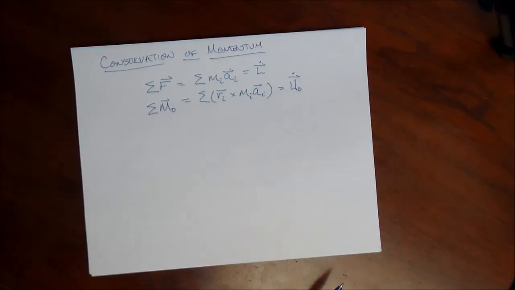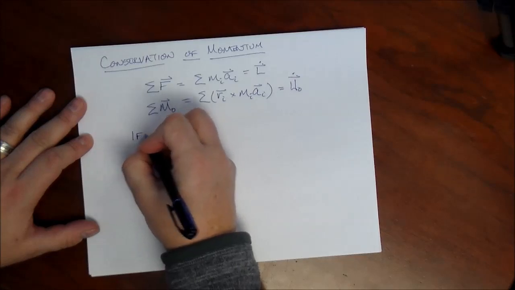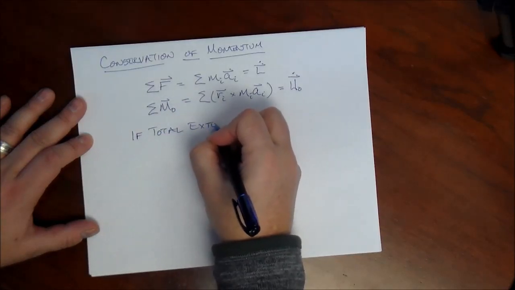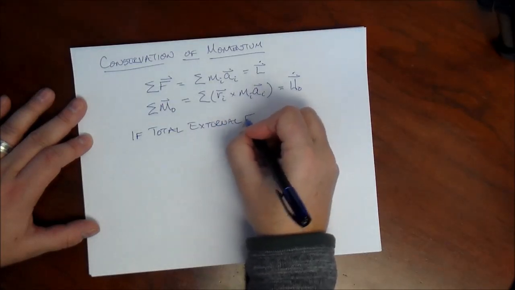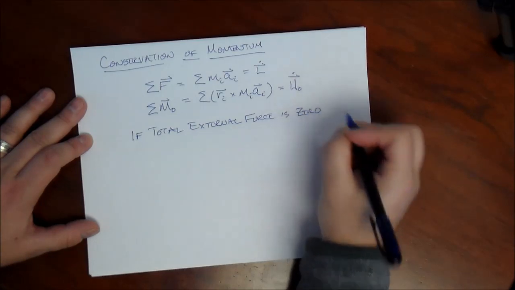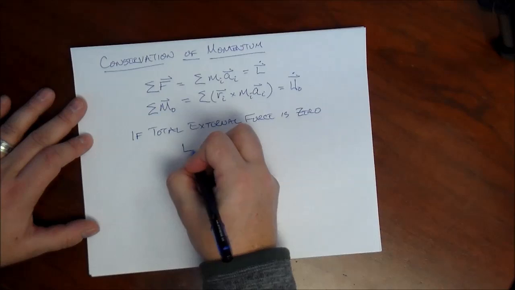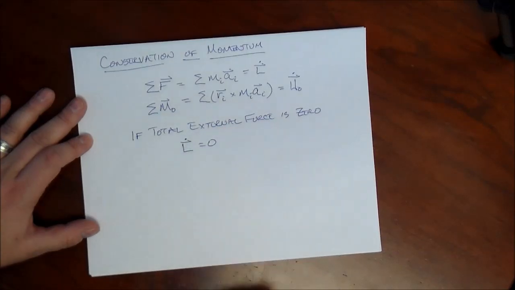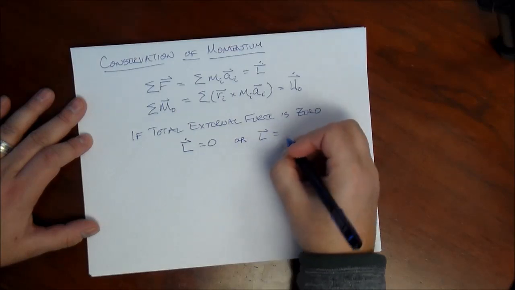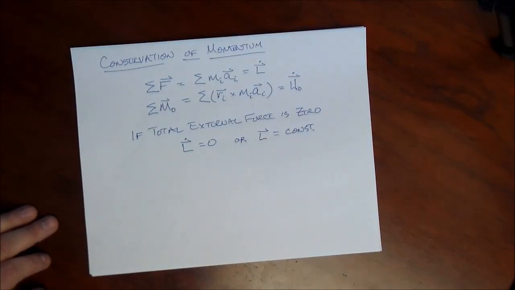Okay? Now, if the total external force is 0, we know that momentum is conserved. So if the total external force is 0, that means L dot is equal to 0, or L, the momentum, is a constant. So we can say momentum is conserved.